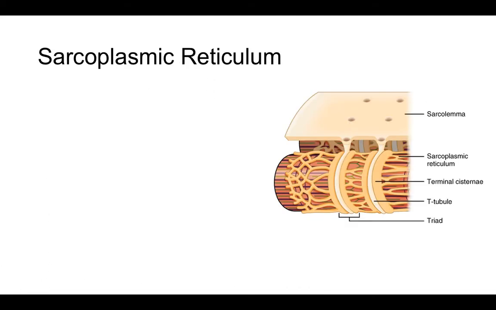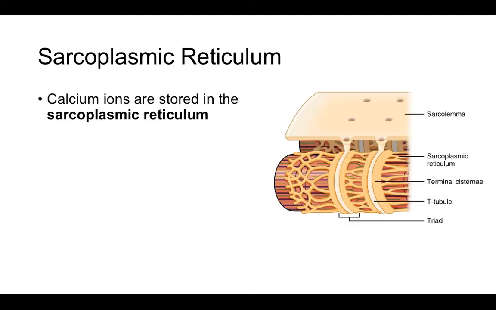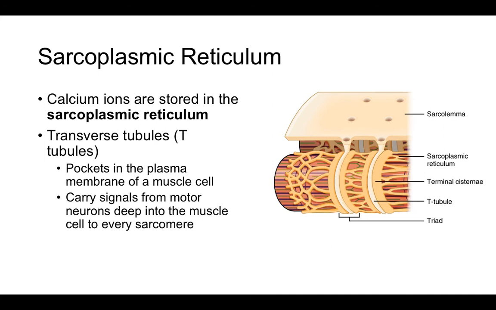The sarcoplasmic reticulum is nothing more than the endoplasmic reticulum. However, for this particular type of muscle cell, it is specialized. Calcium ions are stored in massive quantities in the sarcoplasmic reticulum. You can see this here. The sarcoplasmic reticulum moves through almost like a webbing, and then around the sarcomere it is 360 degrees. It is a 3-dimensional structure.